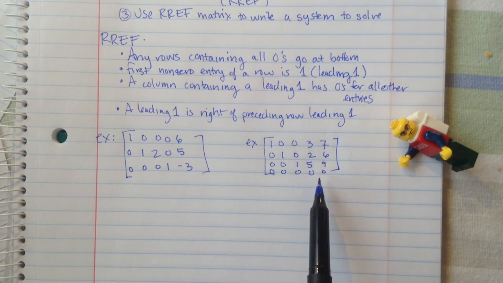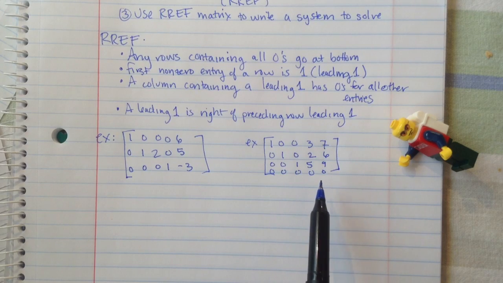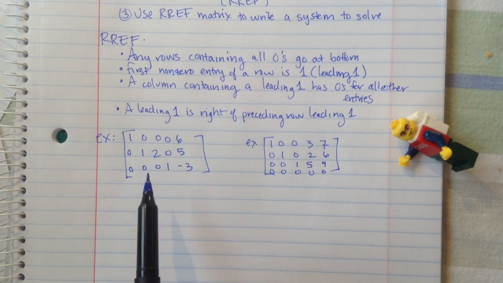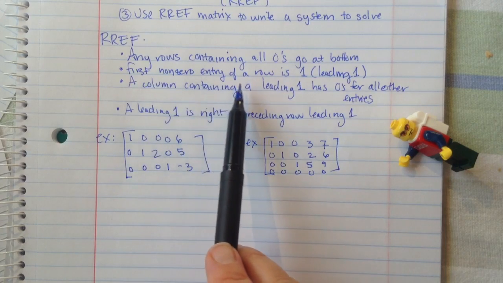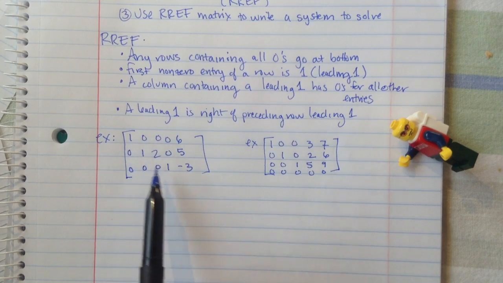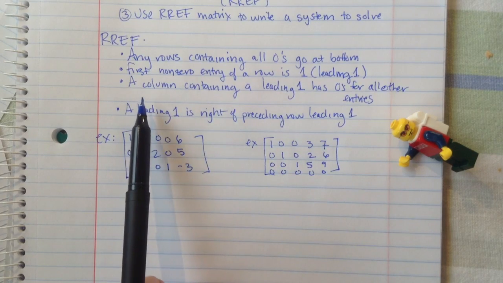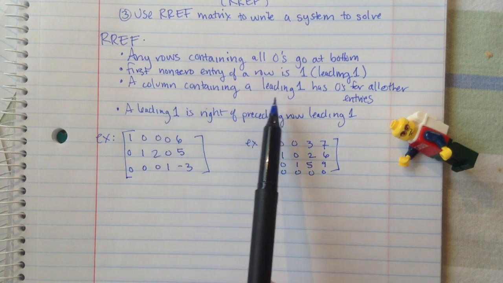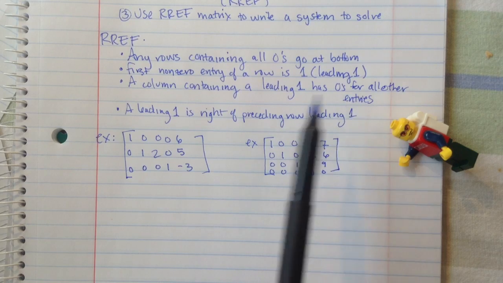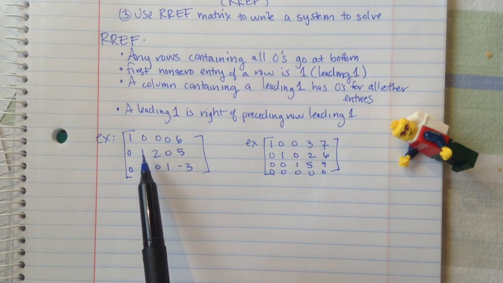Anything that has all zeros, this matrix has a row that's all zeros, so it's at the bottom of the matrix. This one doesn't. The first non-zero entry of any row is 1, so 1, 1, 1, 1, 1, 1. This one doesn't have any non-zero entries. A column containing a leading one has zeros for all other entries. So this is a leading one, everything else has to be 0.